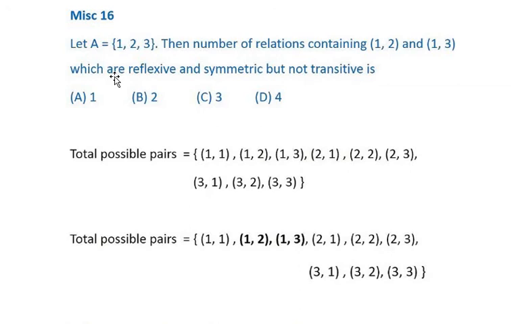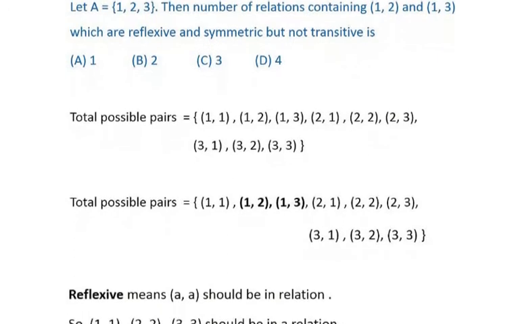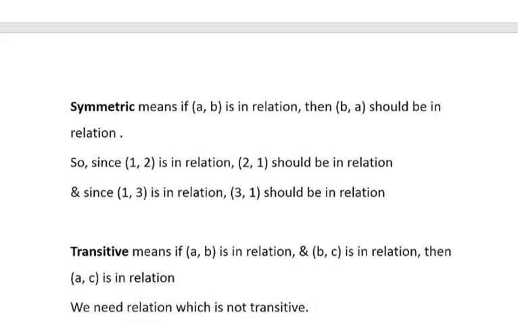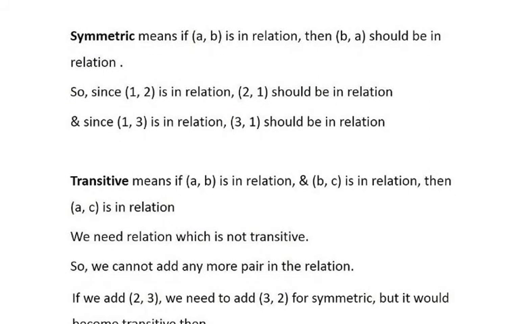Now symmetric means if (a, b) is there, then (b, a) should be there. So here they have given (1, 2), so we need to add (2, 1). If (1, 3) is there, we have to add (3, 1). So till this point we have (1, 1), (2, 2), (3, 3), then (2, 1) and (3, 1), and (1, 2) and (1, 3) are already there.